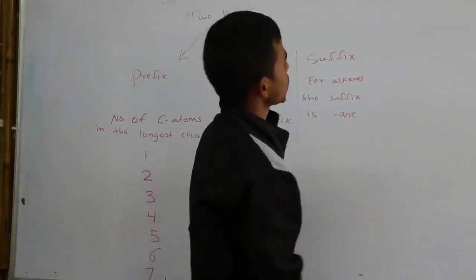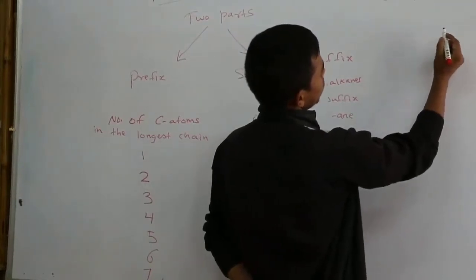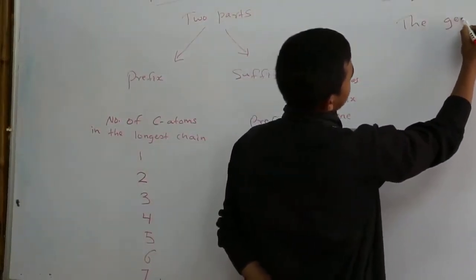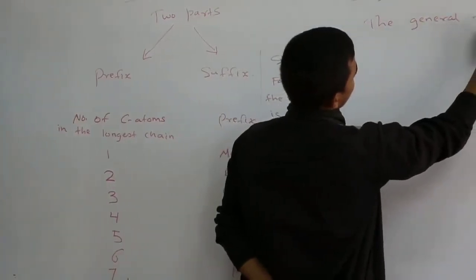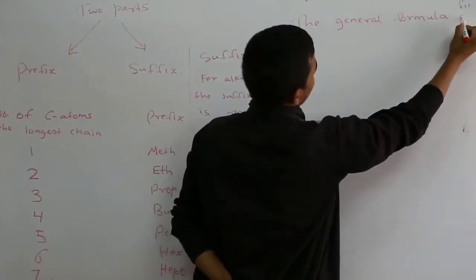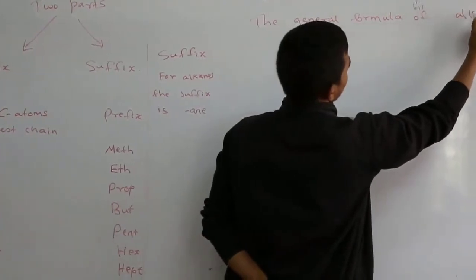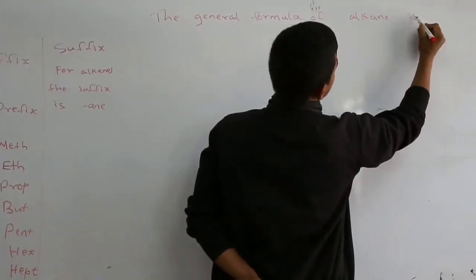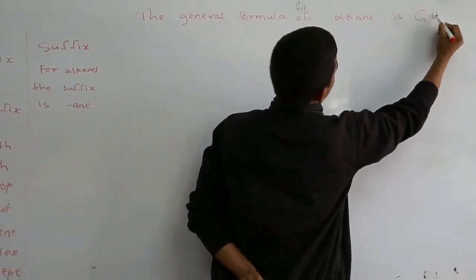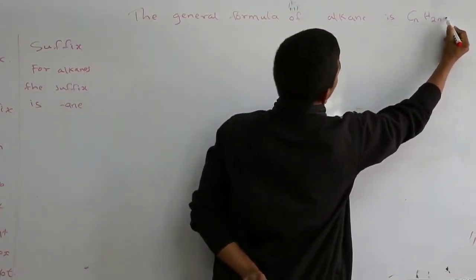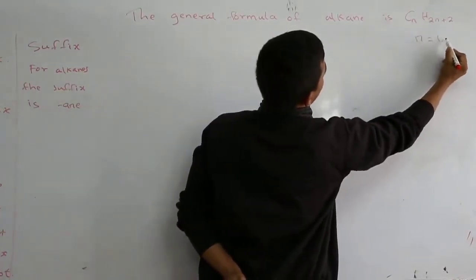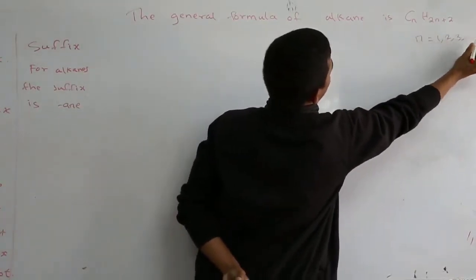Now, first of all, let us take this one. The general formula of alkane is CnH2n plus 2, where n is any natural number.